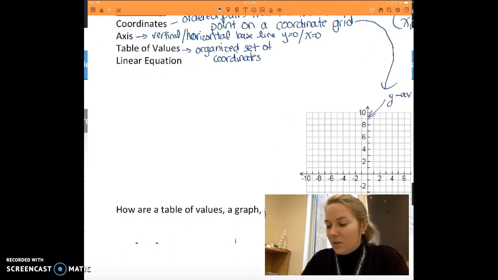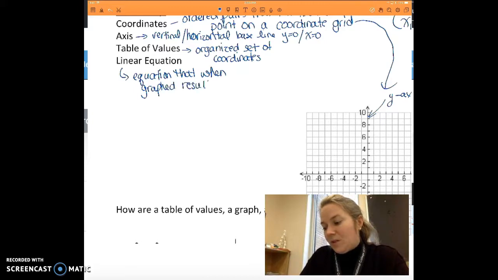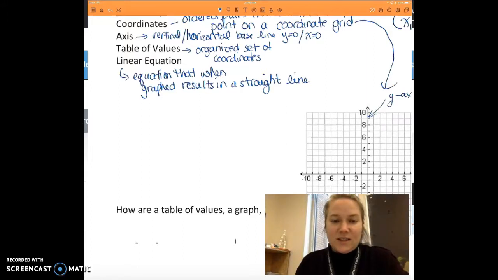And a linear equation is an equation that when graphed results in a straight line.